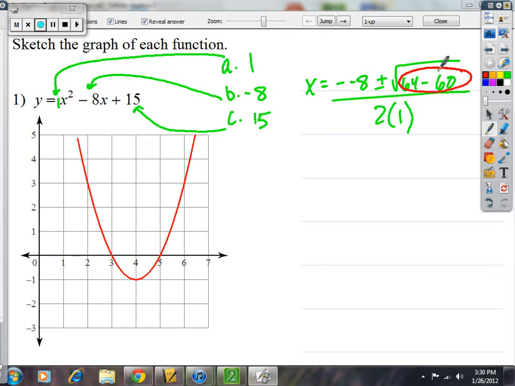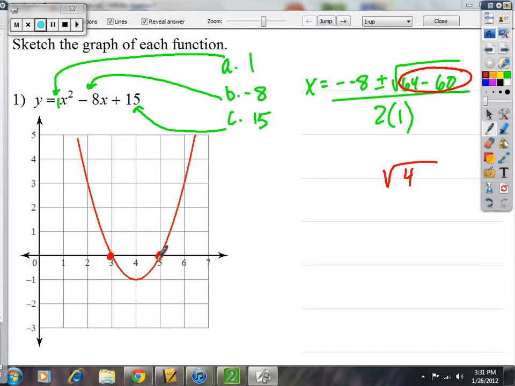And if I simplify it, it's going to give you the square root of 4. Now, the square root of 4 is a perfect square. So that means my answers are going to be on the number line, and they're going to be rational numbers. They're going to be these nice numbers, 3 and 5.